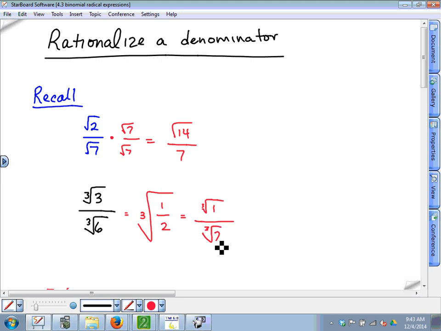The cube root of 1 over the cube root of 2. What is the cube root of 1? Oh, come on, what's the cube root of 1? 1. So it's 1 over the cube root of 2. Now we just have smaller numbers we're dealing with.